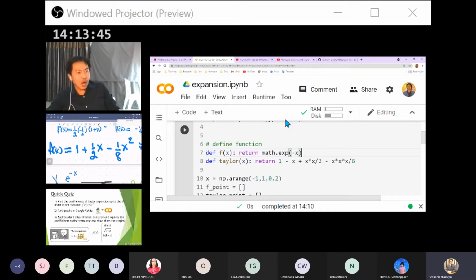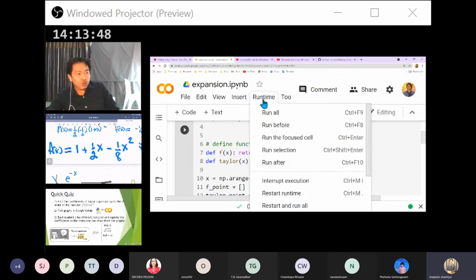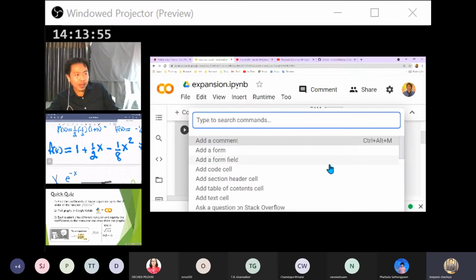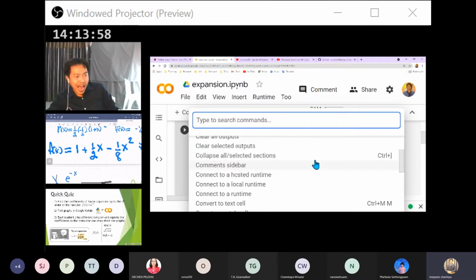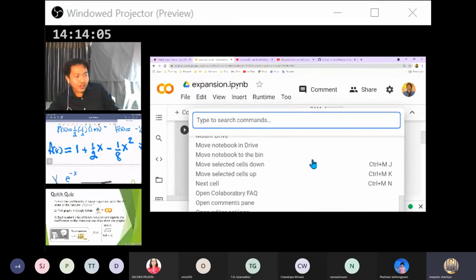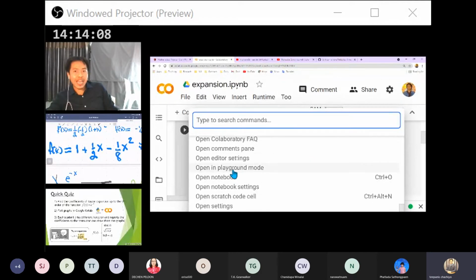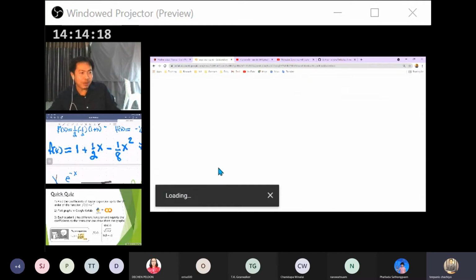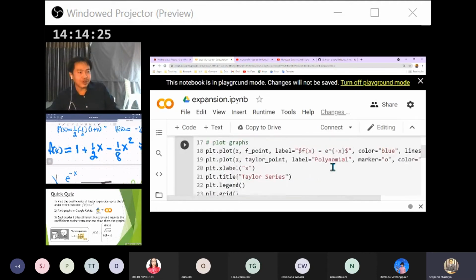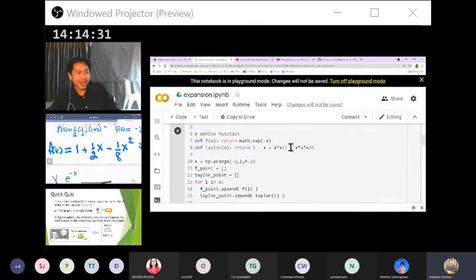So to prevent automatic saving, you can go to the toolbox and command, and then look for playground. Where is the playground? Open in playground mode. What this means is that you can play around with all the changes without saving the actual file. So I open this in playground mode, and now I just need to find the code. Okay, now I can make any changes without affecting the class material.